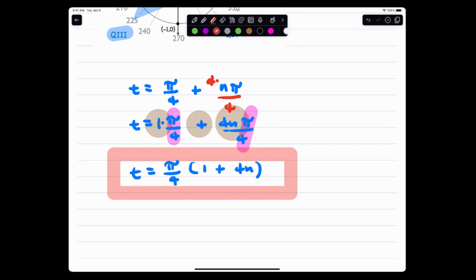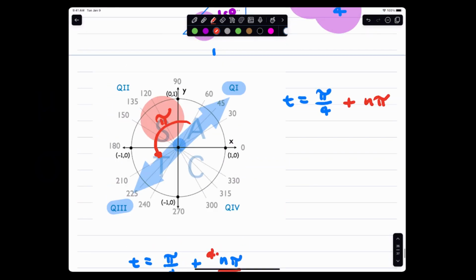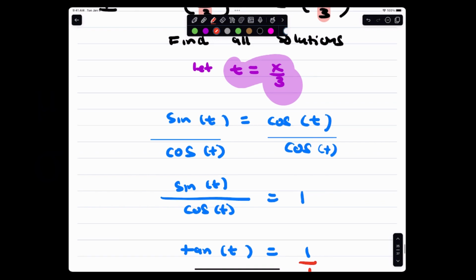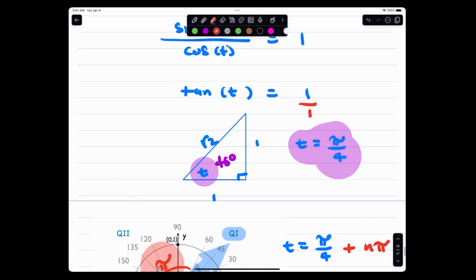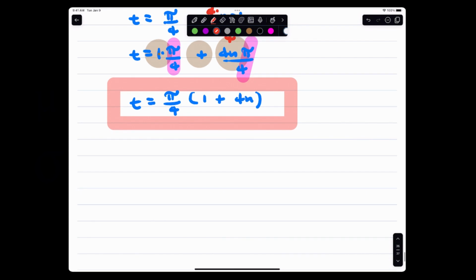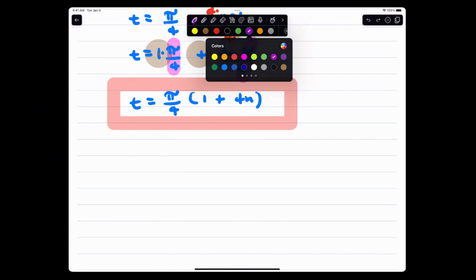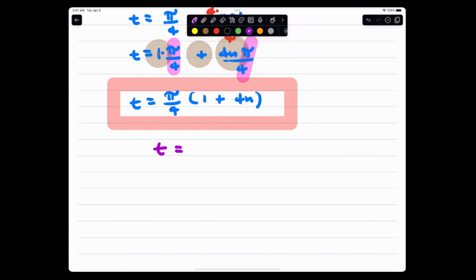You say, why aren't you done? What is t? Is it x over 3? Remember that they want you to solve for x, theta, x, whatever. T is x over 3. Now, what does that mean?